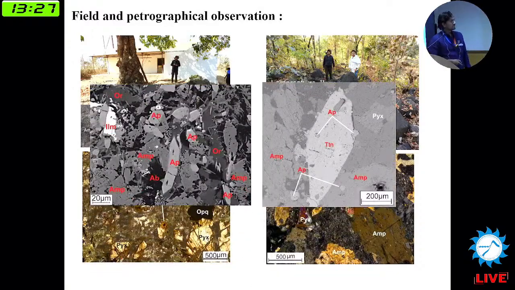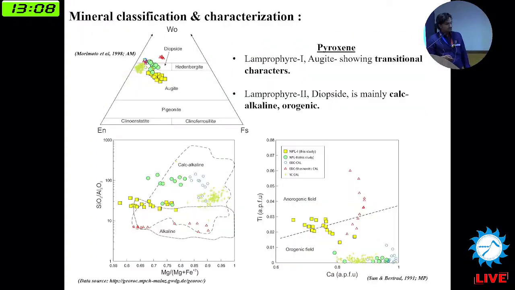This is a backscattered image of lamprophyre 1 showing the presence of euhedral apatite, which shows their magmatic origin. This is a backscattered image from lamprophyre 2 showing a euhedral grain of titanite. We have dated both the apatite and titanite in our study.